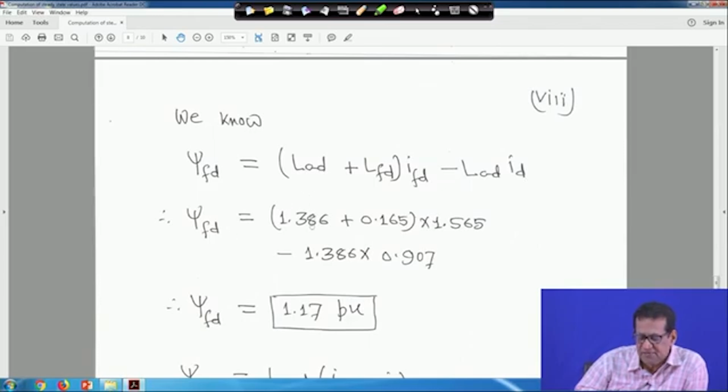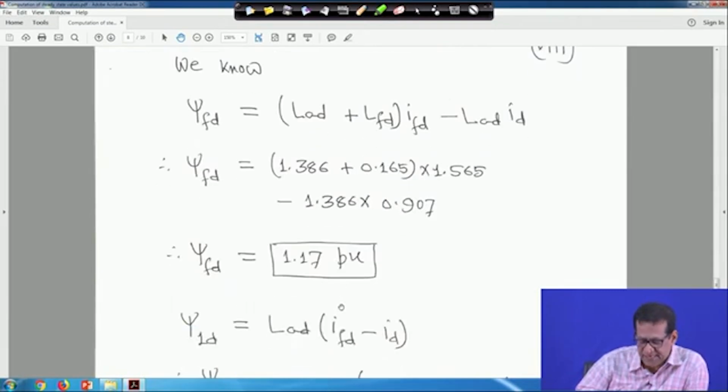So, psi FD is equal to LAD 1.386 plus LFD 0.165 into IFD we have computed 1.565, minus, I told you LAD and XAD same, right, LAD is given 1.386 into ID 0.907. So, this comes psi FD 1.17 per unit, right.